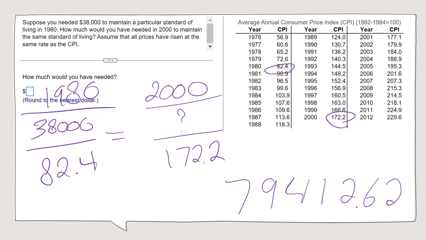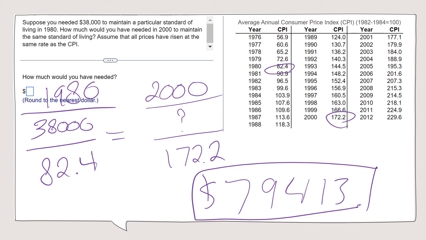And it says round to the nearest dollar, so I'm just going to take that up a notch. So 38,000 in 1980, if you wanted to live the same kind of life, you'd need to be making 79,000 in the year 2000.